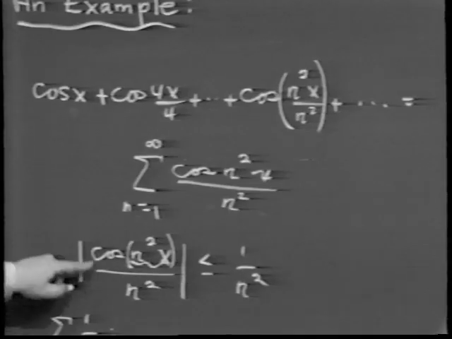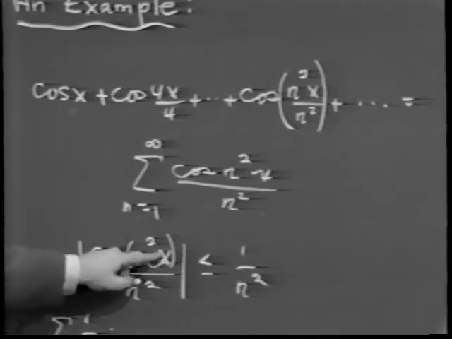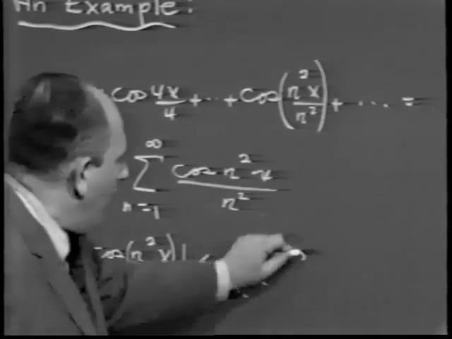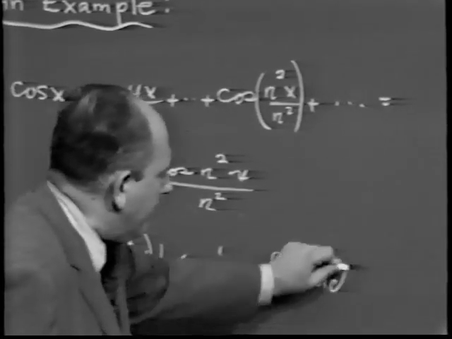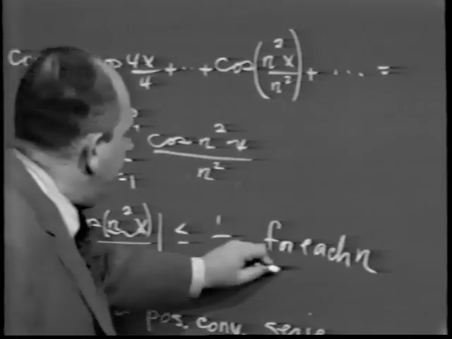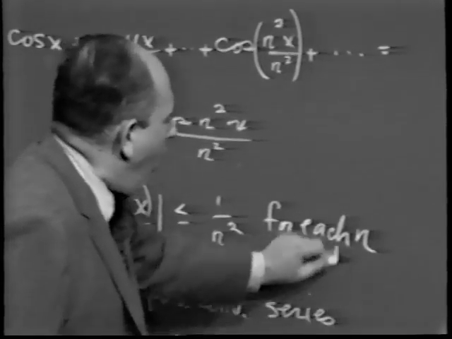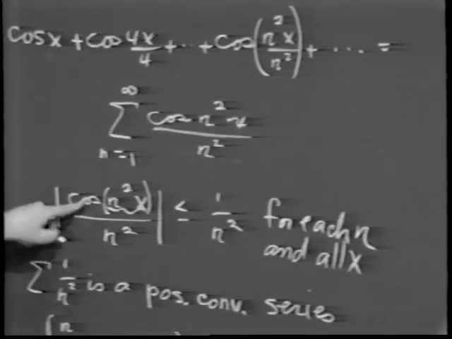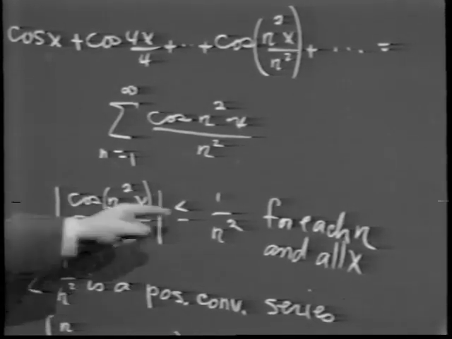In particular, then, the absolute value of cosine n squared x over n squared is less than or equal to 1 over n squared for each n. And I might add, and all x. Because no matter what x is, and no matter what n is, cosine n squared x in magnitude cannot exceed 1.